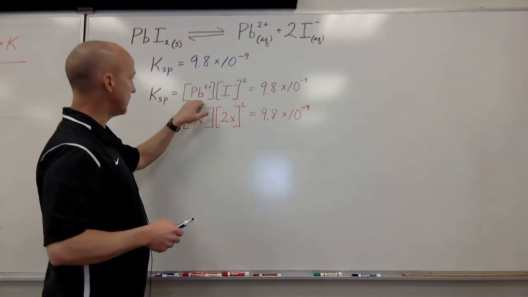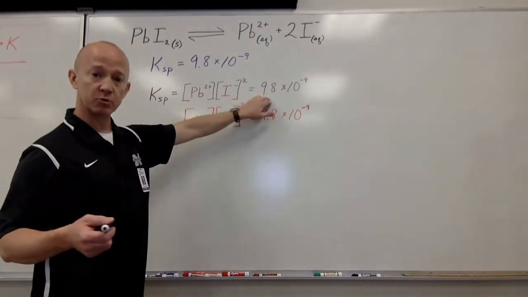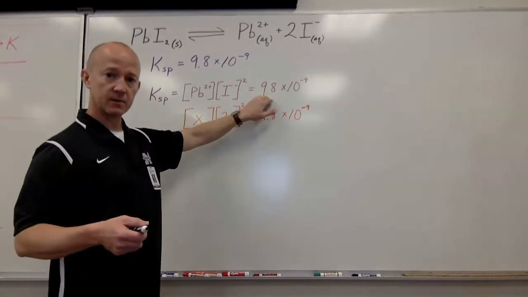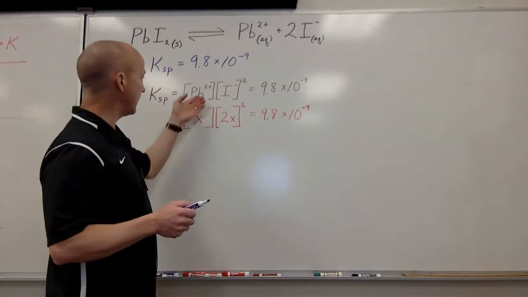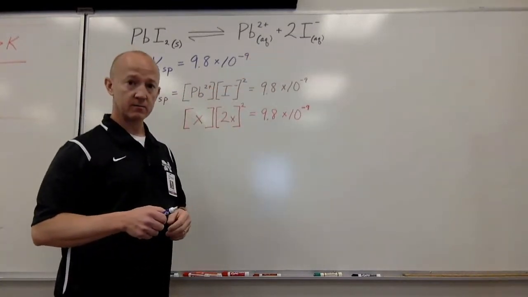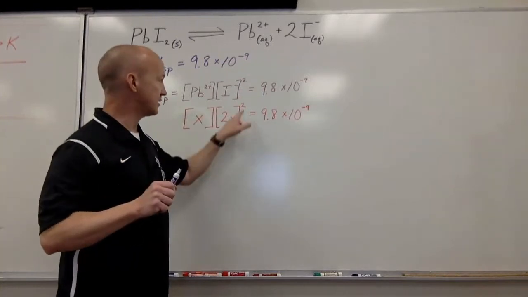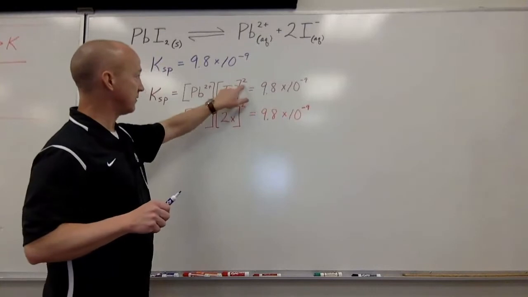So here's what I've done. I've set my Ksp equal to 9.8 times 10 to the -9, the actual value of this reaction. So I'm substituting X for lead and 2X for the iodide. One more thing, I still have to remember my exponent of 2 for the iodide, just like I did before.